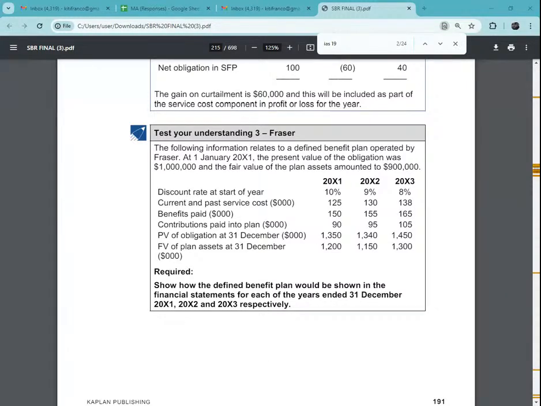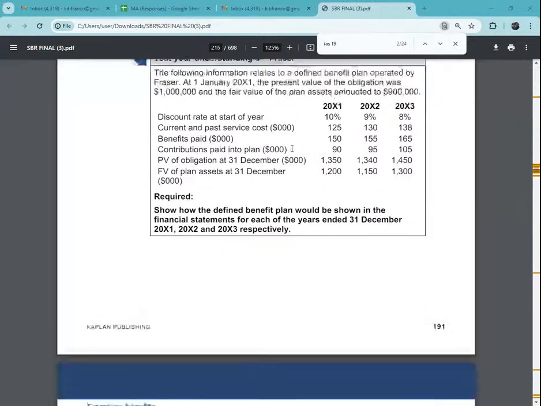So I can see one answer here: loss of 5, X1. Oh, actually loss of 5, X1. We can compare notes here.